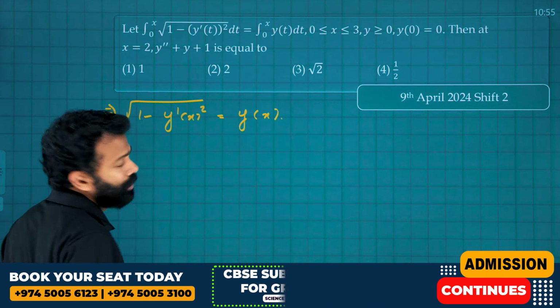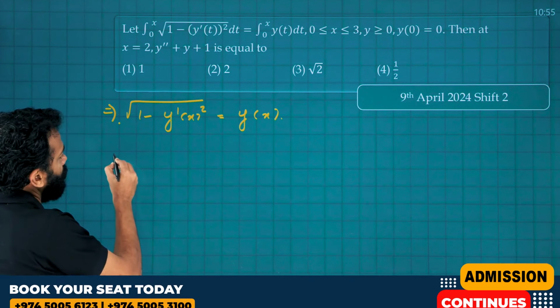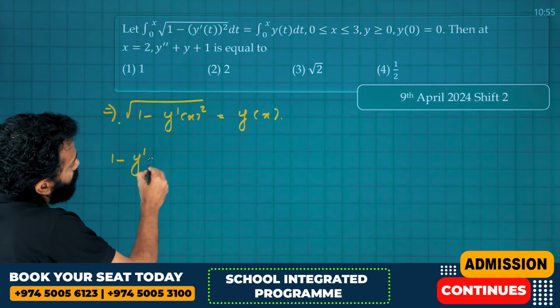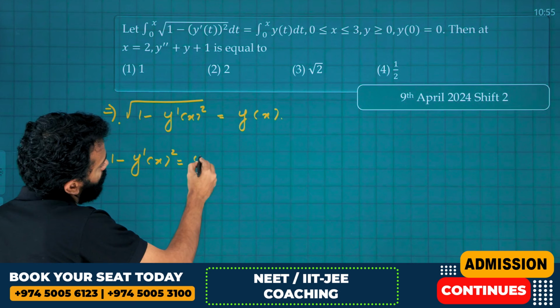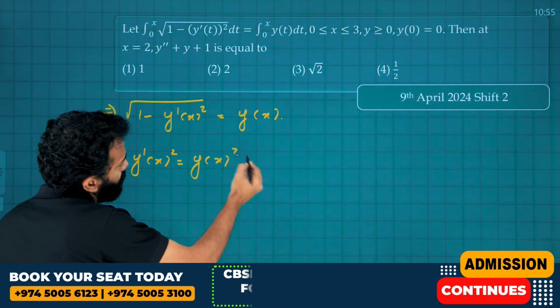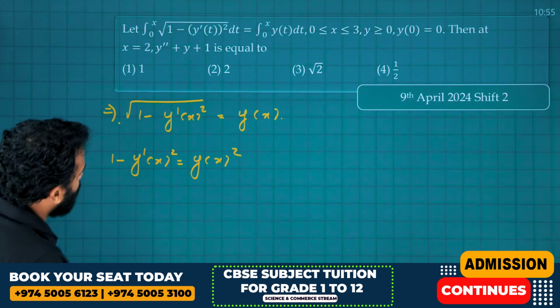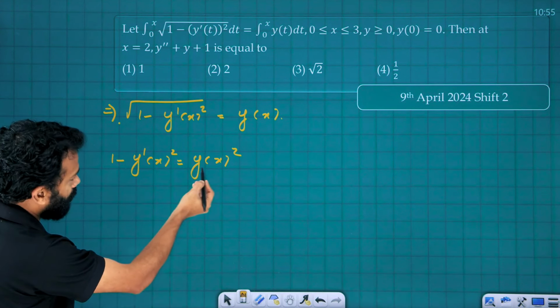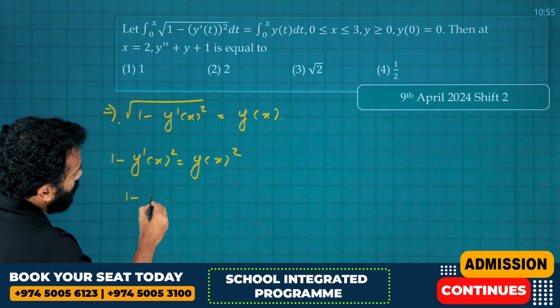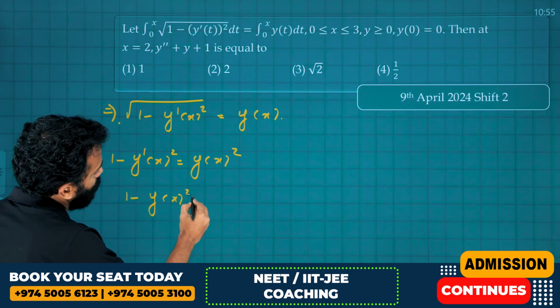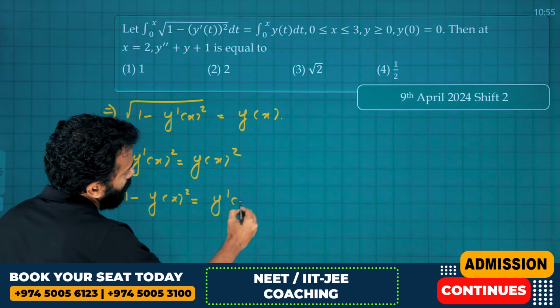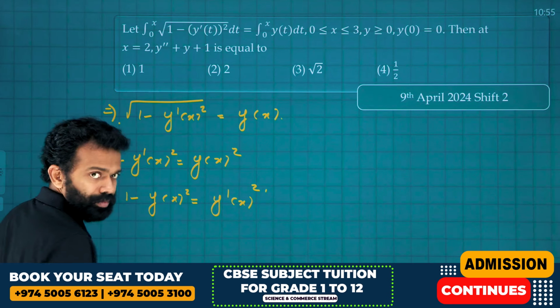Square both sides, and you will get 1 minus y dash of x the whole square is equal to y of x the whole square. Take this to this side, it will be 1 minus y of x the whole square is equal to y dash of x square, right?